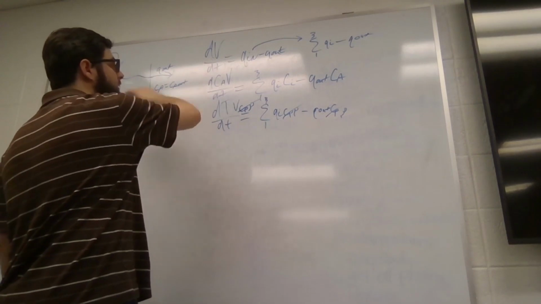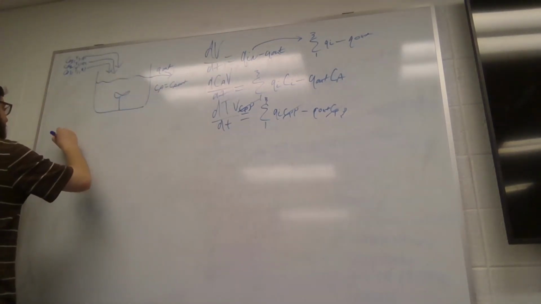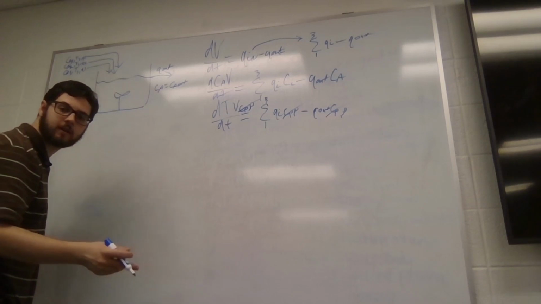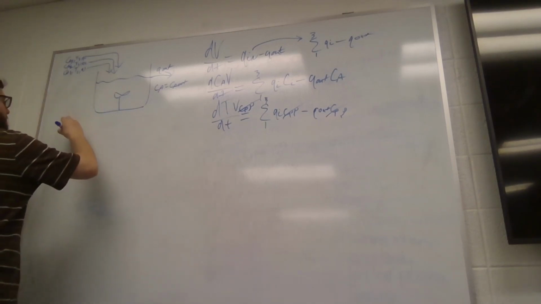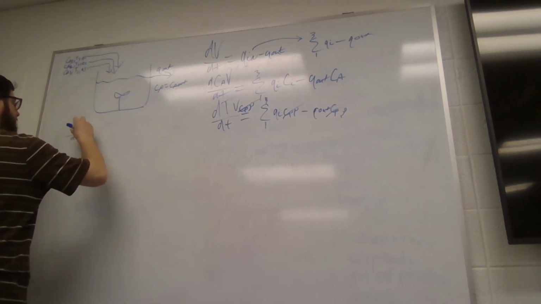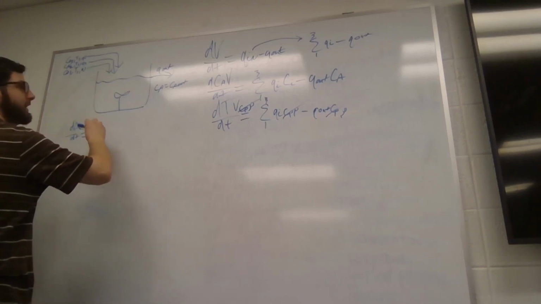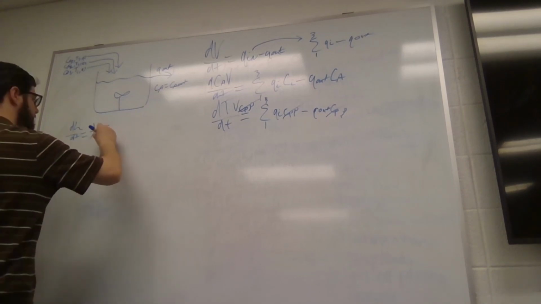For both of these equations we can change volume to height by taking out the cross-sectional area, because that's how you find cross-sectional area. I realize I'm not on the screen, but I'm still here. So dH over dt is equal to 1 over the cross-sectional area A, because we took out that term and moved it over to this side.